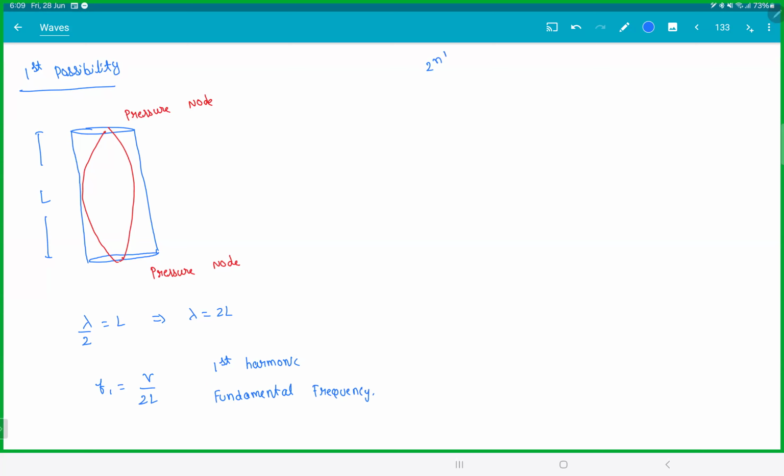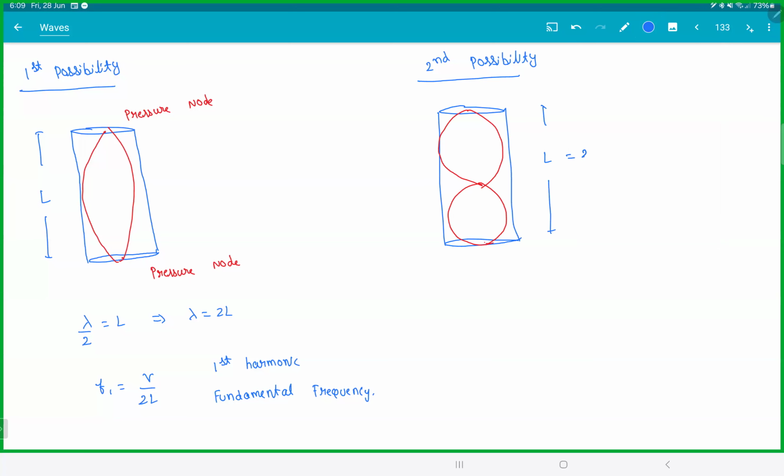Same thing, if you take the second possibility, now there'll be two loops. This we know is equal to 2 times lambda by 2. So we get the frequency f2 will be 2 times v by 2L, or 2f1.